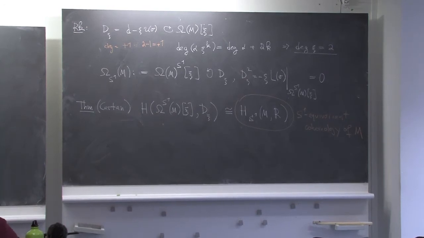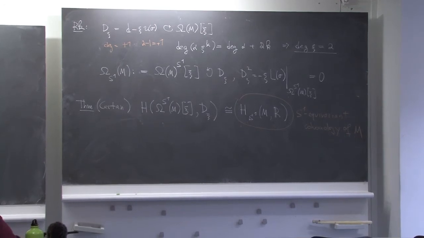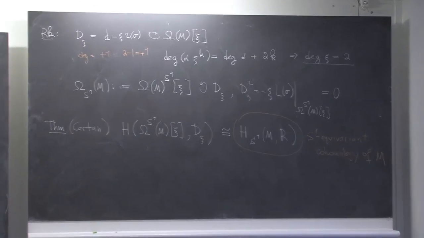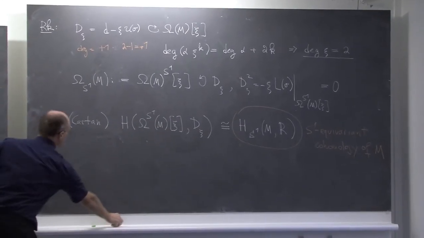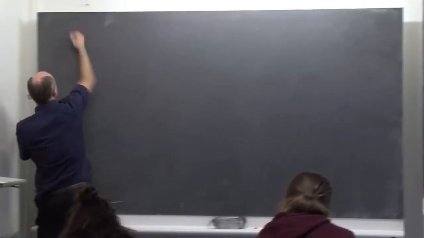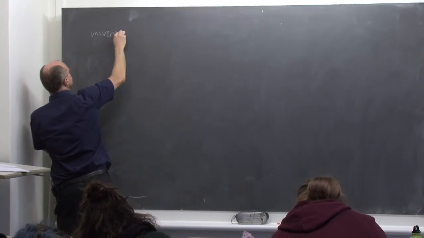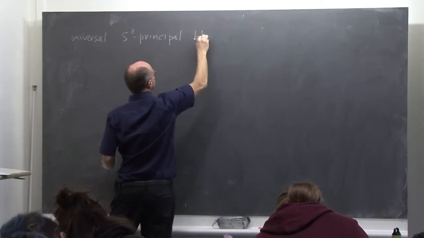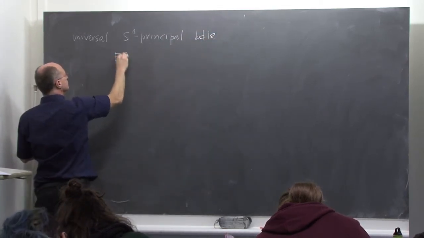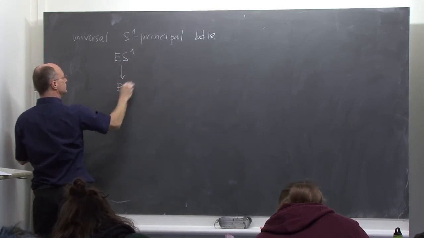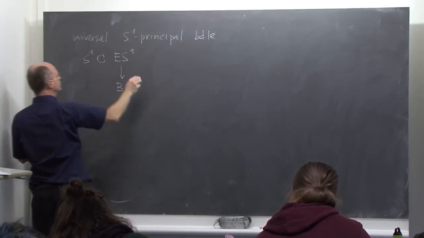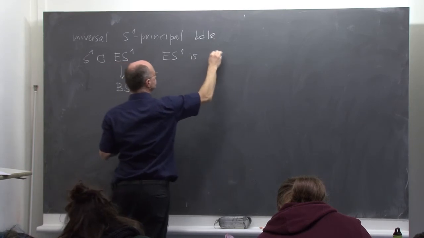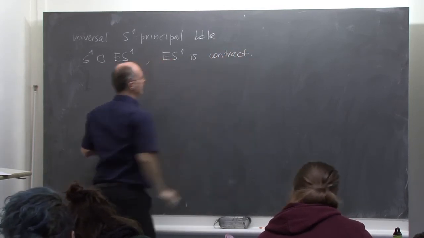And the idea is as follows. One is introducing what is called a universal S^1 principal bundle, ES^1 over its base BS^1. Here there is an S^1 action. And the characteristic feature is that ES^1 is a contractible space.